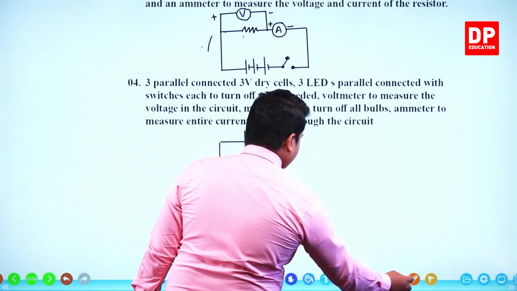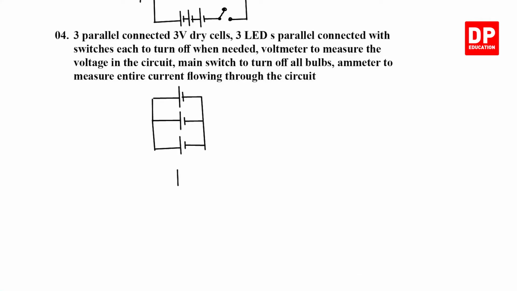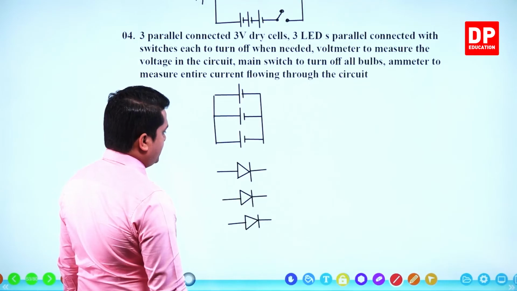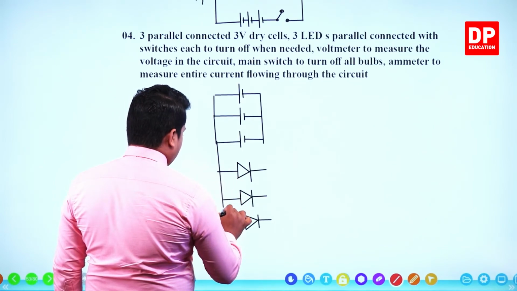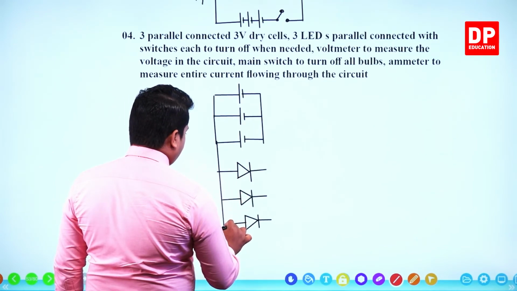We'll draw it then. LEDs, right? 3 LEDs, all are parallel connected to each other.